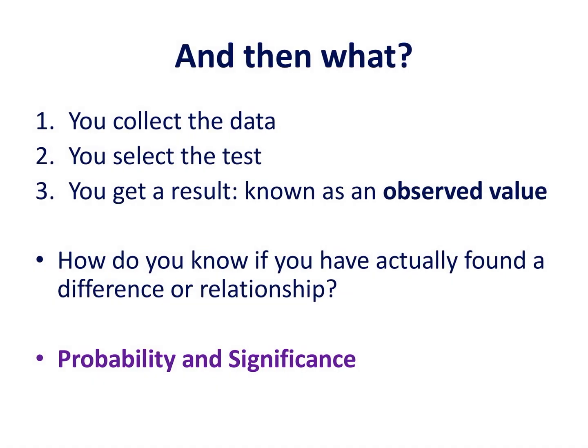Okay, so what do we do next? We've gone through our three decision-making processes and we've worked out which tests we're supposed to be doing. Then what do we do? Well, here comes the next tricky step of inferential testing: you aren't ever going to be asked to calculate by hand every single one of those tests, with one exception, which I'll tell you about in a second. But what you are going to be asked to do is make a judgment of a result from one of those tests.